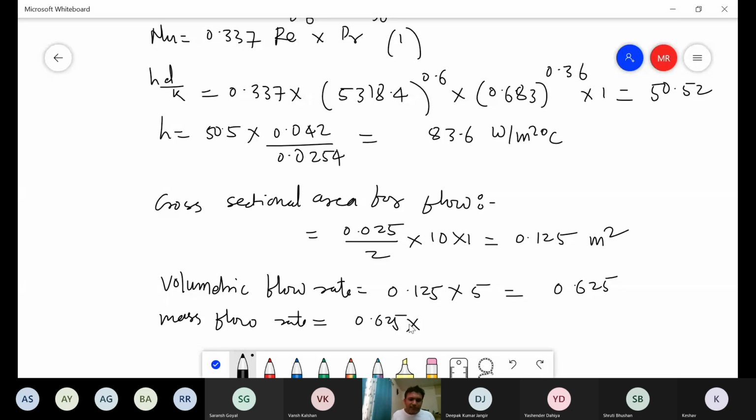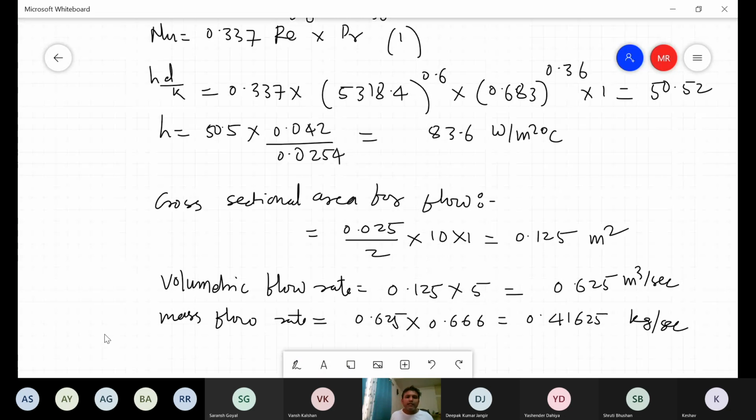So density is given as 0.666. So this becomes 0.41625 kg per second. Is it right? Is it correct?